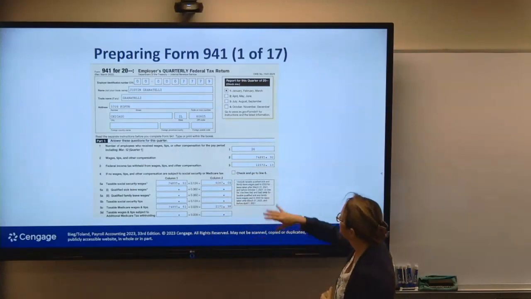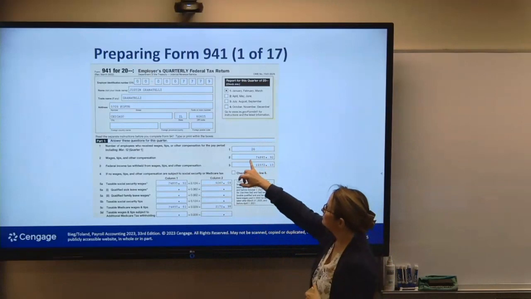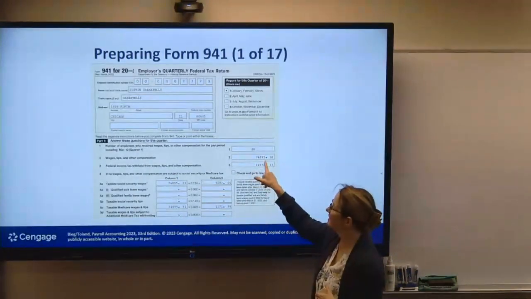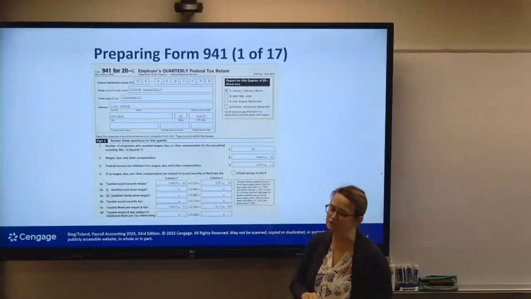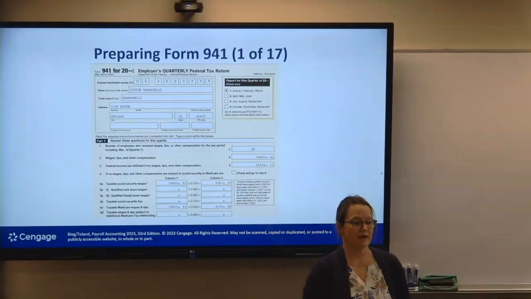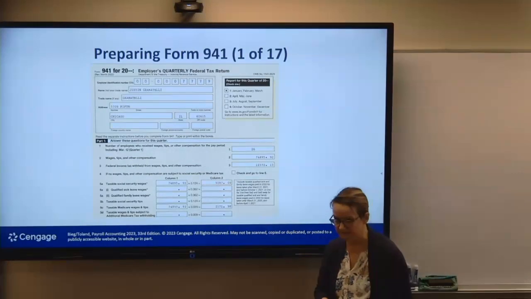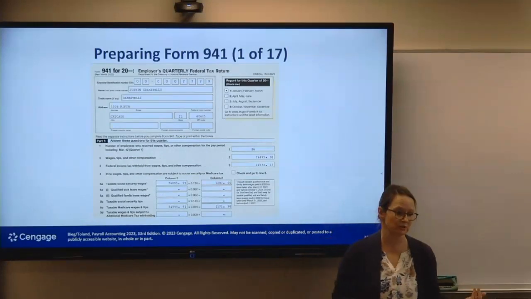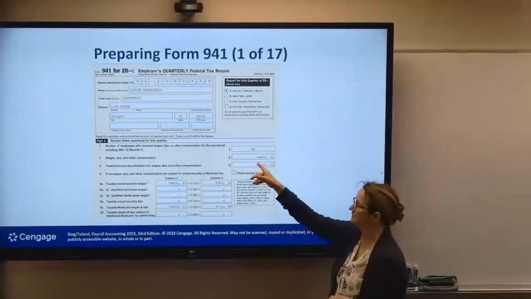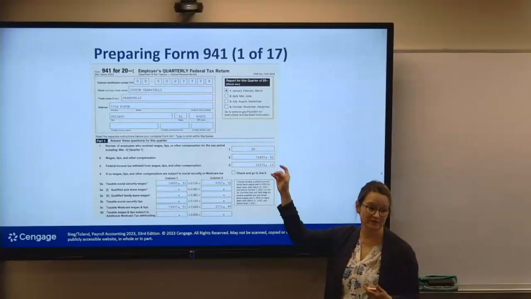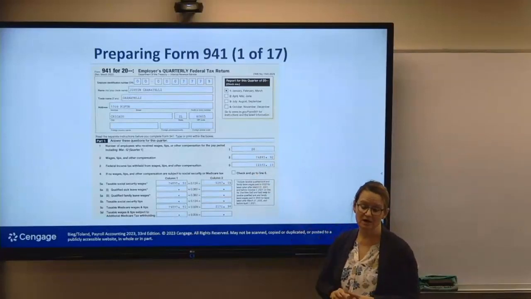Remember, this is going to be due by the end of the month following the quarter end. So these are due four times a year. The total amount of wages that were paid, and this is actually line 2, are the wages that are subject to federal income taxes. When we get into Chapter 4, you'll see that not necessarily all of the wages are reported on there. These are the wages that are subject to federal income taxes only.